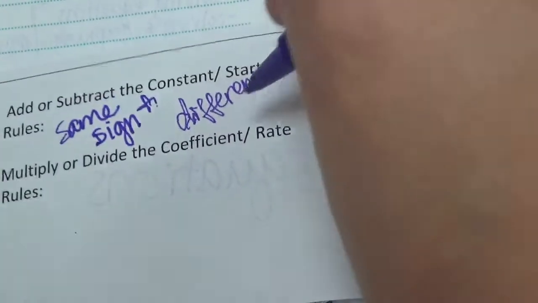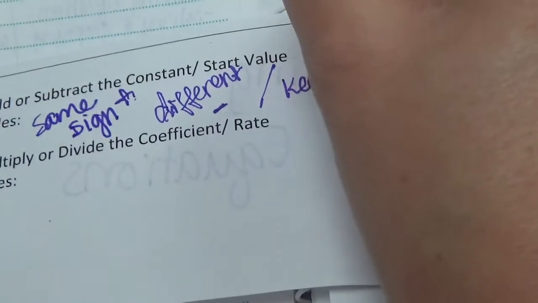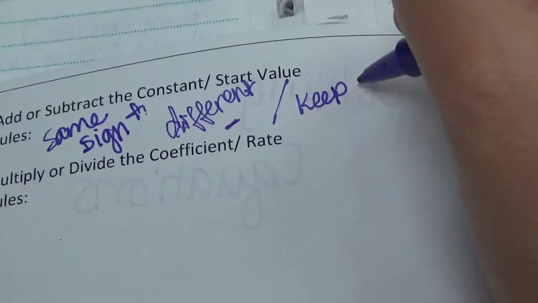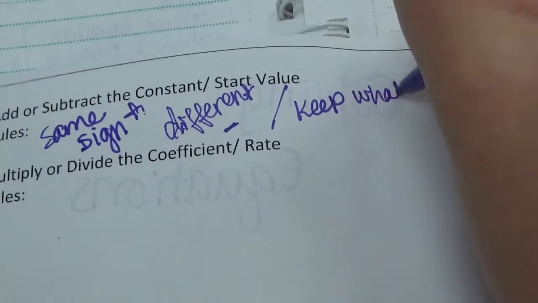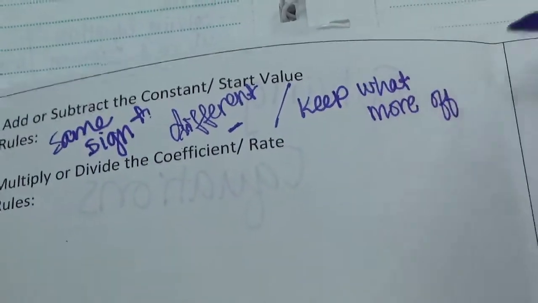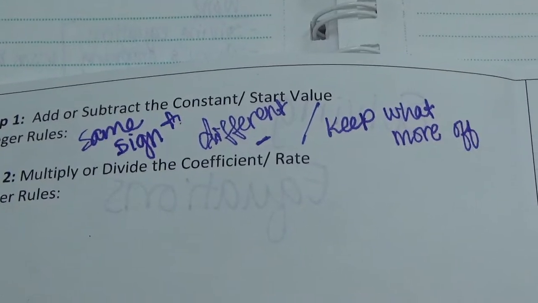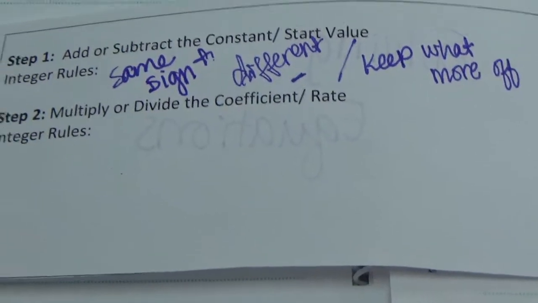If you have different signs, you need to subtract. The second part is keep what you have more of. Meaning if you have more positives, it's going to stay positive. If you have more negatives, it's going to be negative.